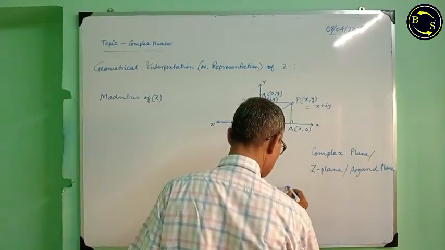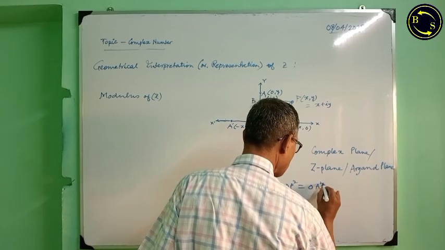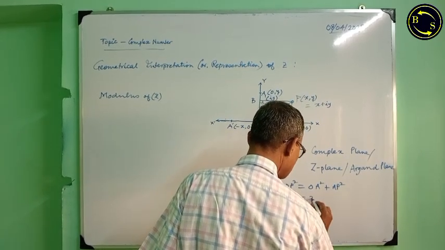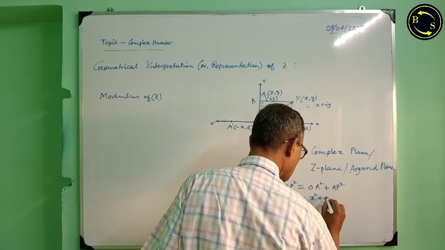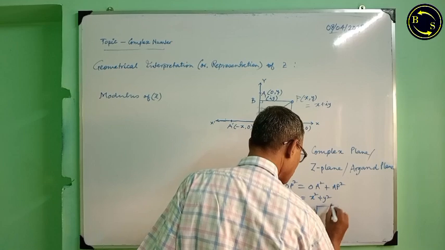Why? OP square is equal to OA square plus AP square, meaning x square plus y square. Therefore, OP is root over x square plus y square.